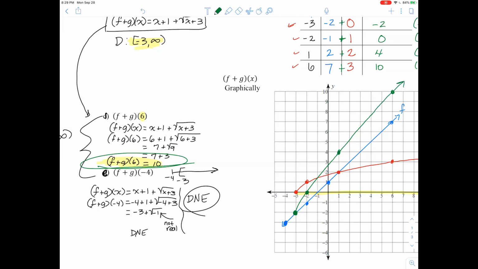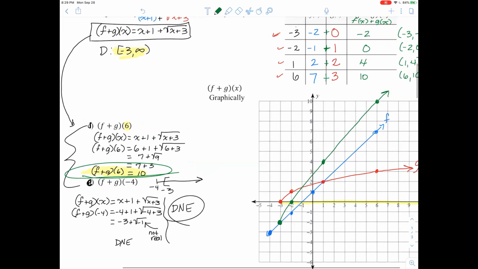So the graph looks something like that. So I'm going to highlight that. I'll grab my green highlighter here to indicate that this graph right here is actually the sum of those two graphs. So that's the f plus g. That's just the f plus g function there.